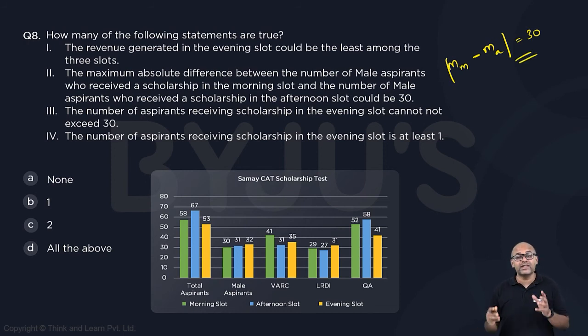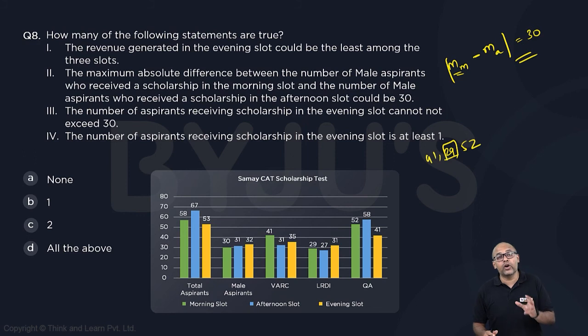So let's take a look at male morning. I have 41, 29, 52. So maximum people who can clear all three sections is 29. Do I have 29 males? Yes, I have 29 males. So morning males maximum could be 29.